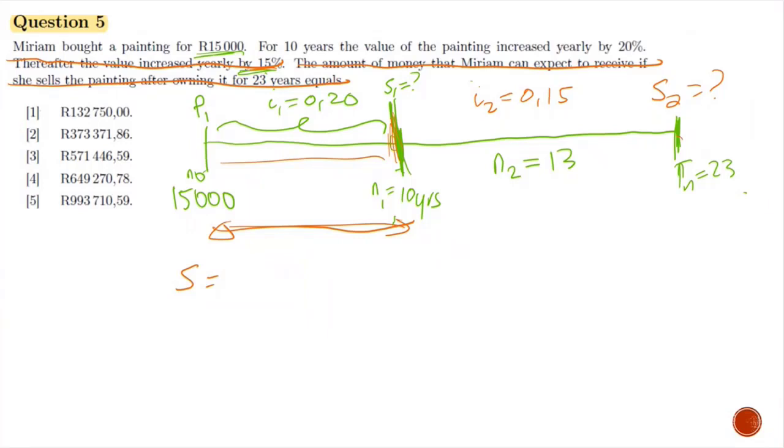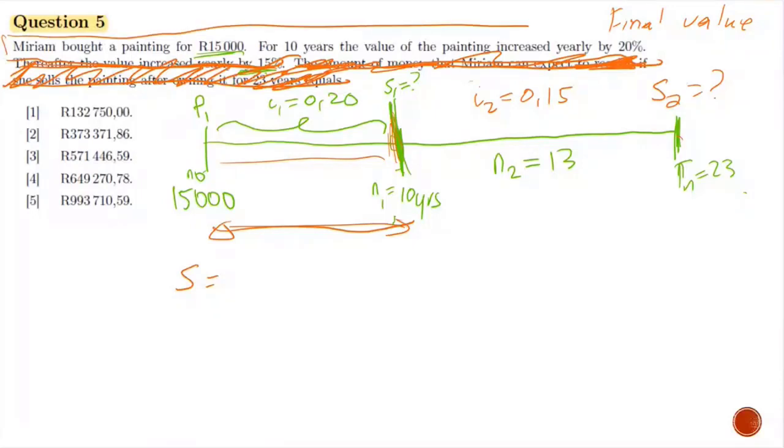And then what is the final value? I think we can use normal simple or compound. Assume this information, which we are told next, is not there. This thing does not exist as far as we are concerned. This little part, would you say it is simple interest or compound interest?